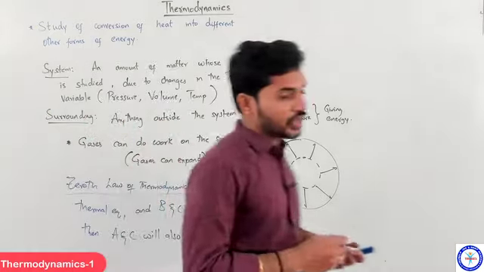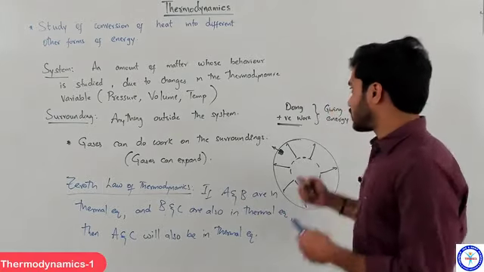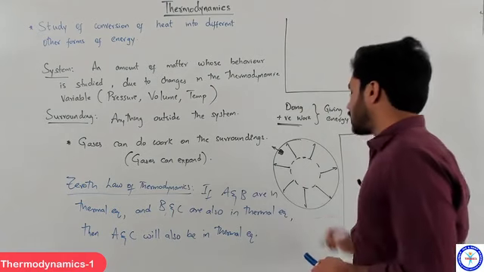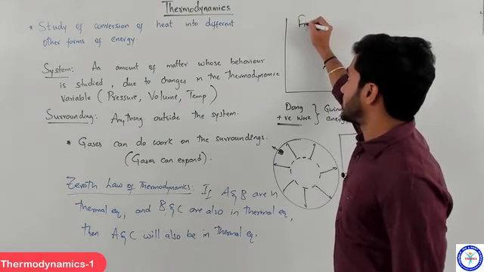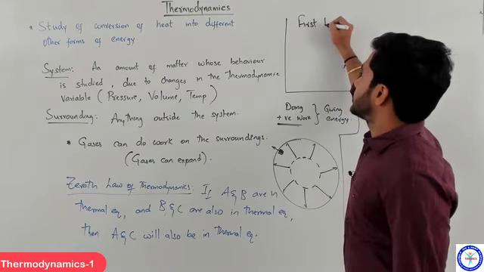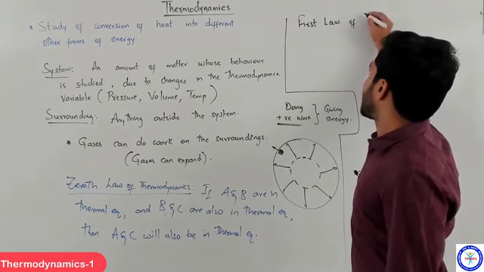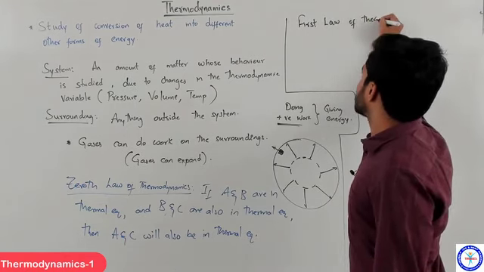Now, moving on, the next one is the first law of thermodynamics, and probably the most important law that we'll be discussing. So the whole chapter will be based on this idea, the first law of thermodynamics.